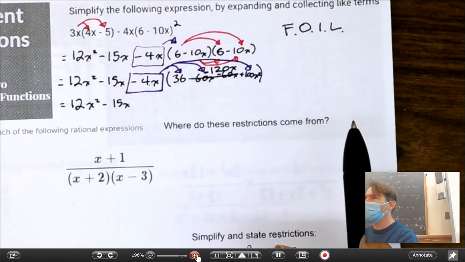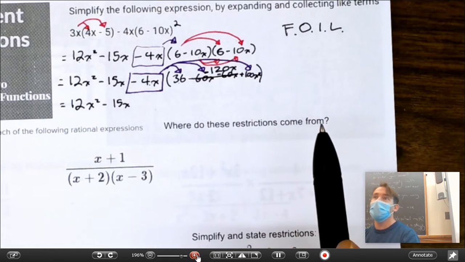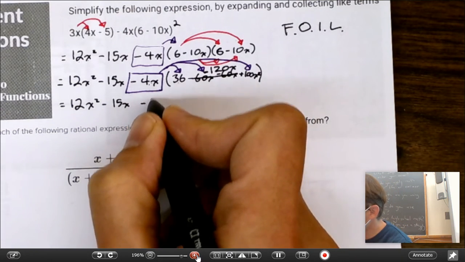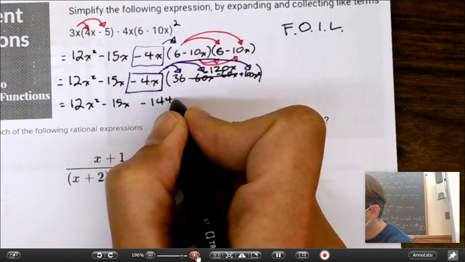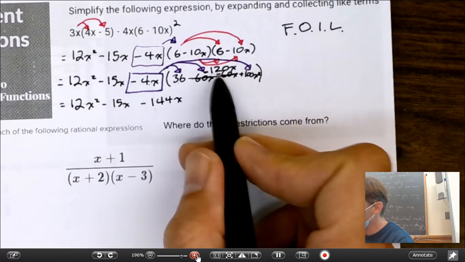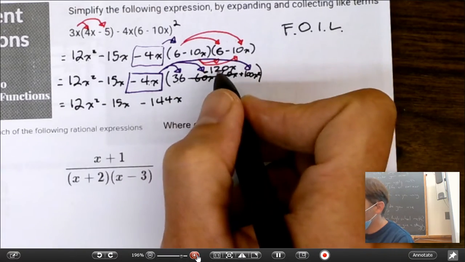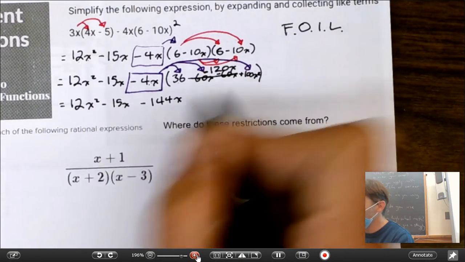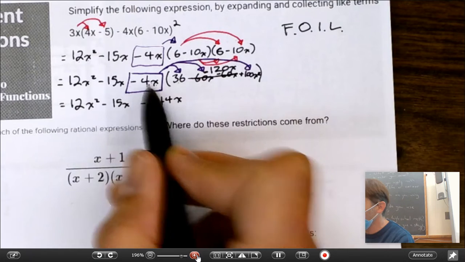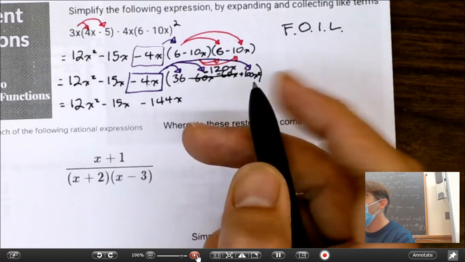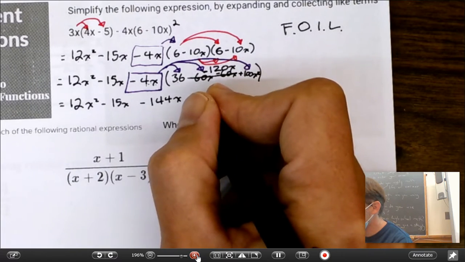Negative 4 times 36 gives me, sorry? 144. Yeah, 144. Very good. So this is minus 144x, and then negative 4x times negative 120x. So I multiply coefficient times coefficient and number times number. So here's negative 4 times negative 120, and so that will be positive 480.